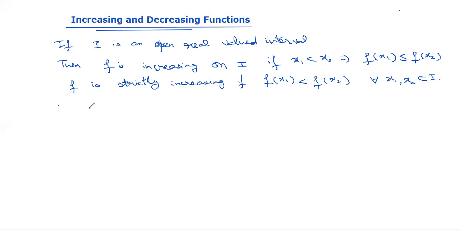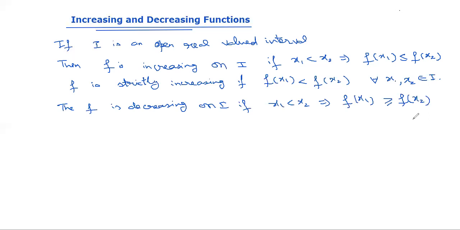The function f is decreasing on interval I if x1 less than x2 implies that f(x1) is greater than or equal to f(x2), means the value of the function for a smaller value is larger than the value of the function at a larger value.